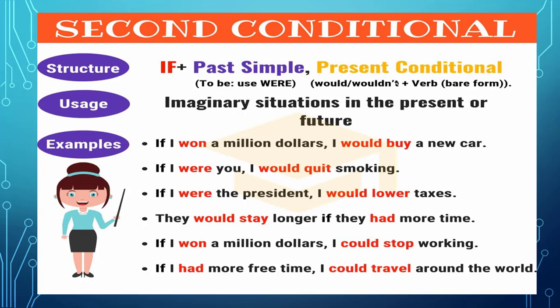Okay. If I had more free time, I could travel around the world. Here, you use could instead of would. Okay, and as you see, all of these examples are imaginary situations, not real ones. Okay.